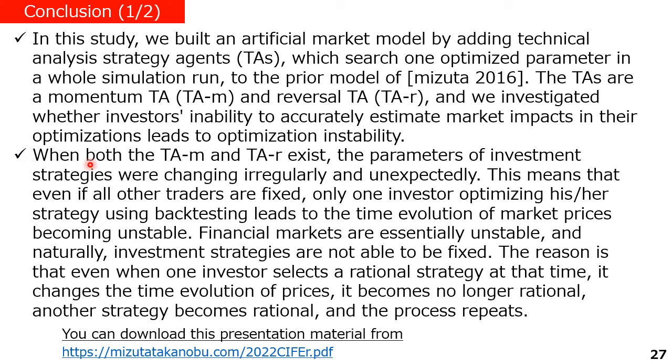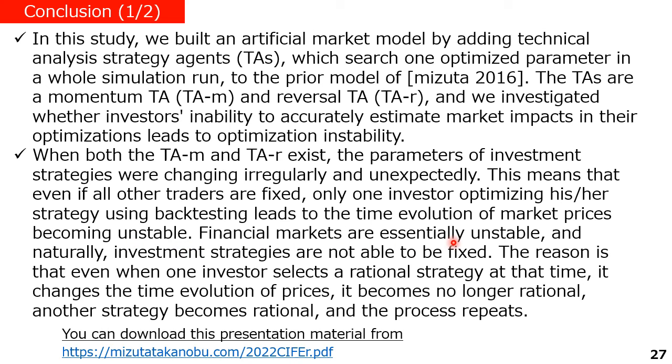When both the TAM and TAR exist, the parameters of investment strategies were changing irregularly and unexpectedly. This means that even if all other traders are fixed, only one investor optimizing its strategy using backtesting leads to the time evolution of market prices becoming unstable.